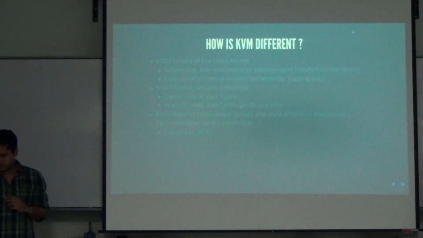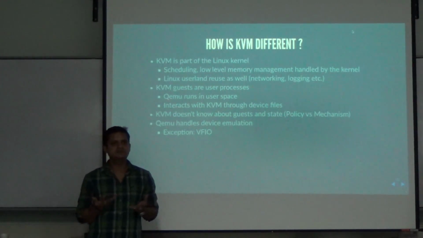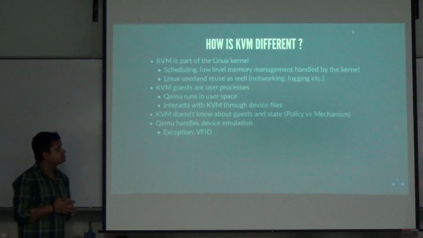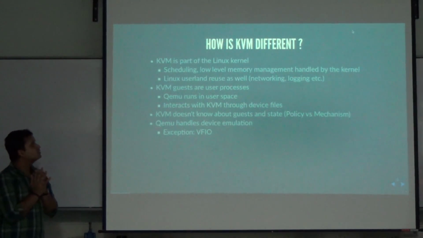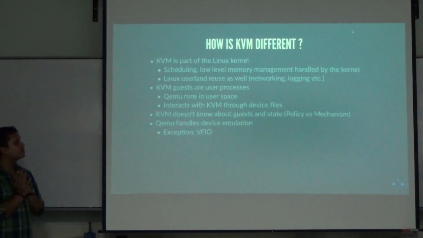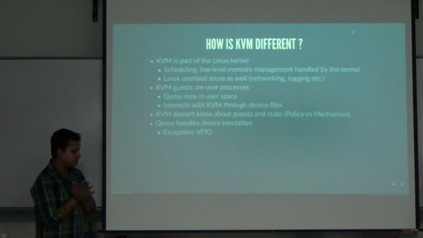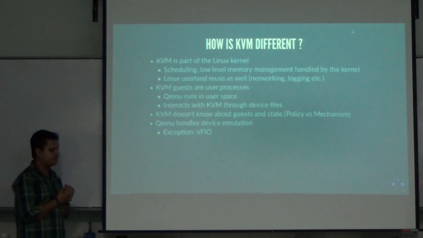So whenever we talk about any hypervisor, we tend to ask this question: how is this different from anything else? KVM is part of the Linux kernel as a kernel module, so it's able to use a lot of the functionalities of the kernel, such as scheduling and low-level memory operations.